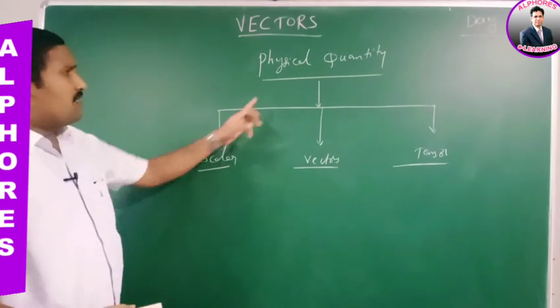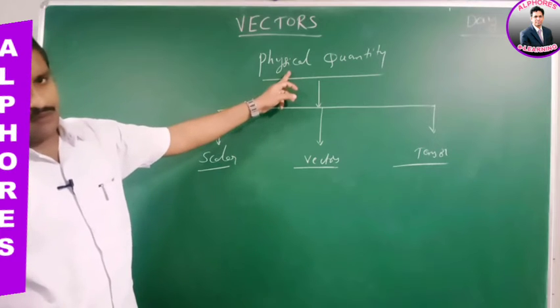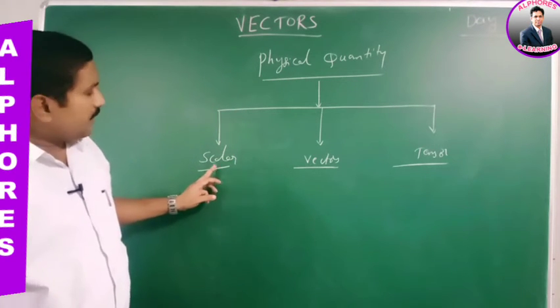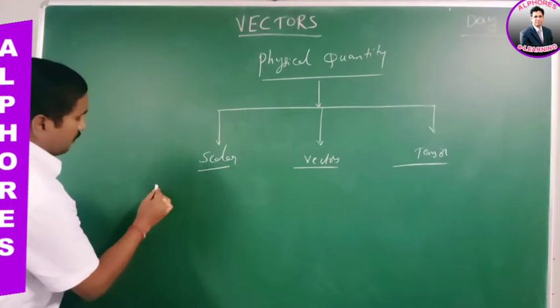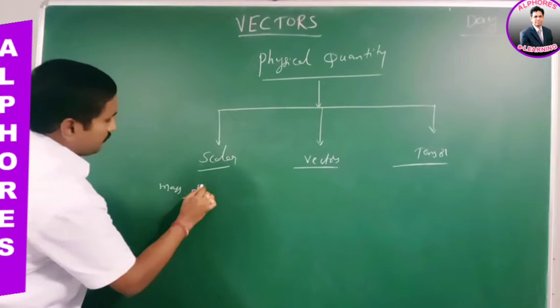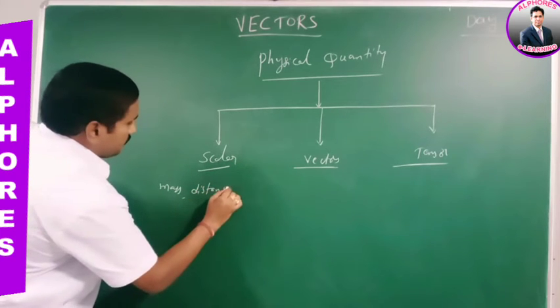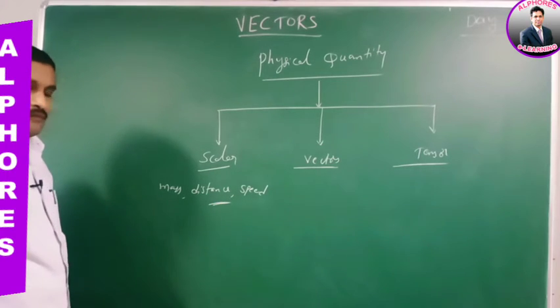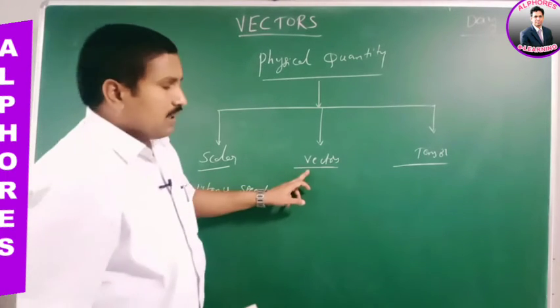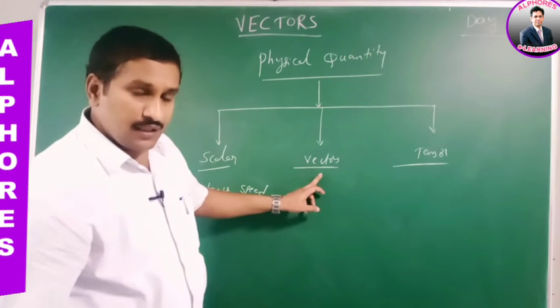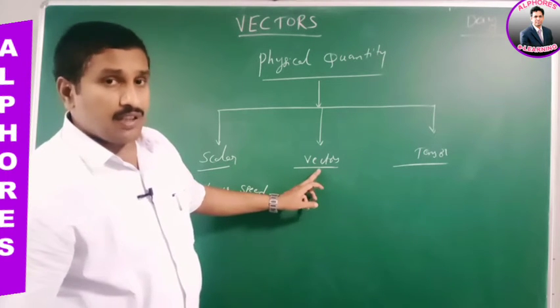Scalar is nothing but a physical quantity which has only magnitude but no direction. Examples are mass, distance, speed, etc. And a vector is a physical quantity which has both magnitude and direction, and it obeys the laws of vector addition.